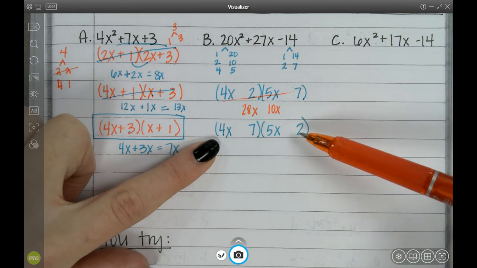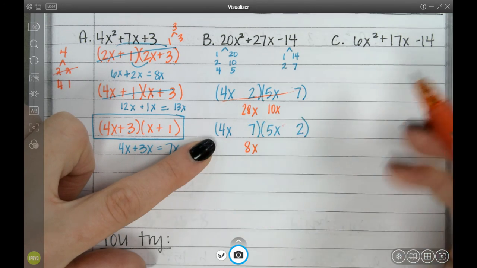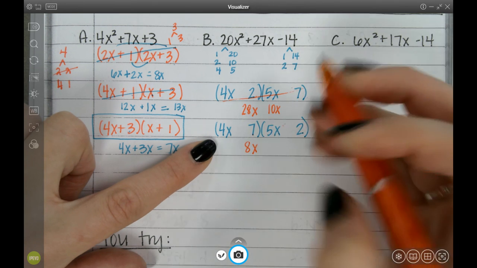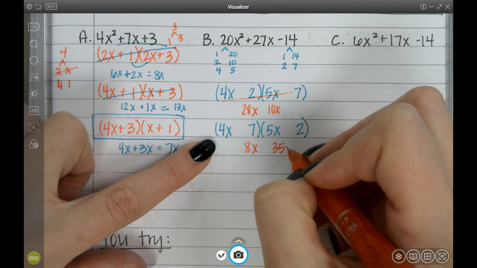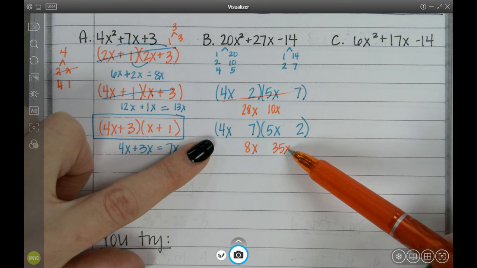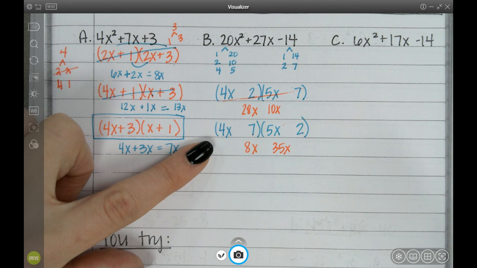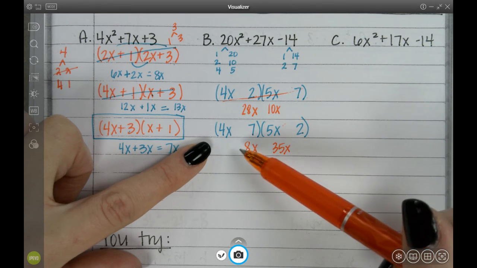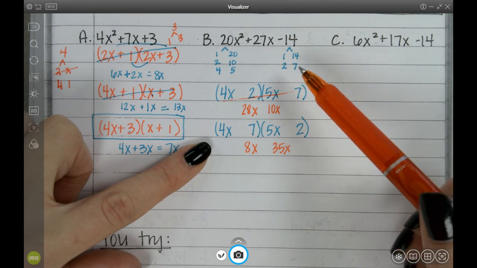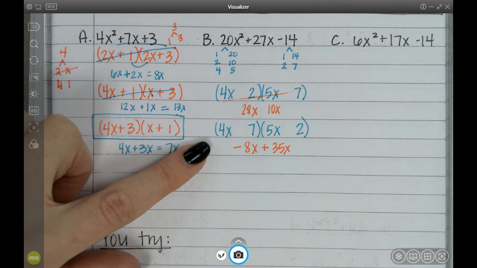So 4x times 2 is 8x. 7 times 5x is 35x. Right? Can I subtract those numbers and get a positive 27? Yeah. Isn't 35 minus 8 positive 27? So I need a positive 35 and a negative 8x, right?